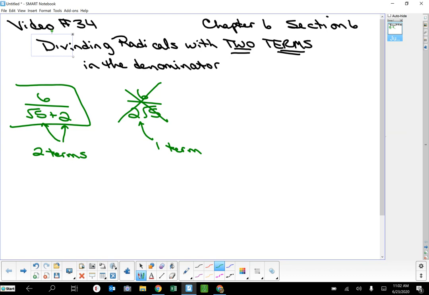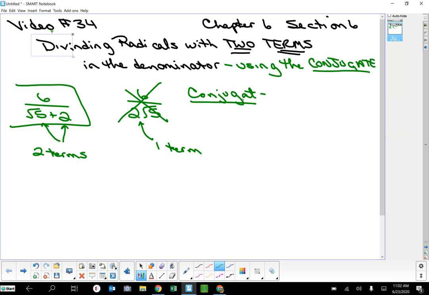And the way you're going to do this, you're going to divide radicals with two terms in the denominator using something called a conjugate. And so that's the first thing we have to do, is define that word. So the conjugate, oh, there's an E on there.